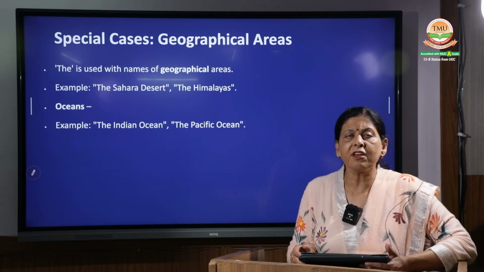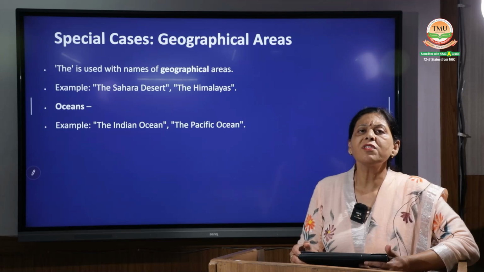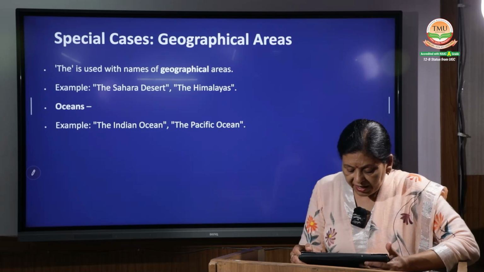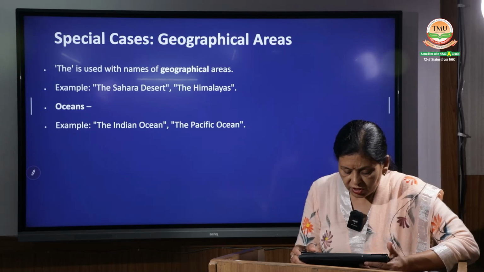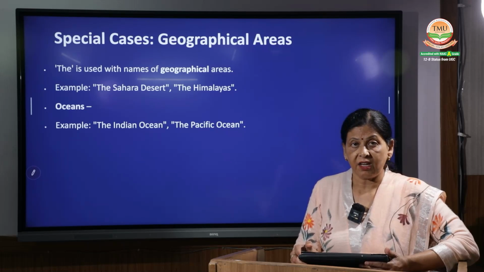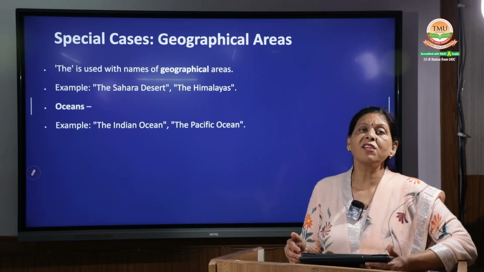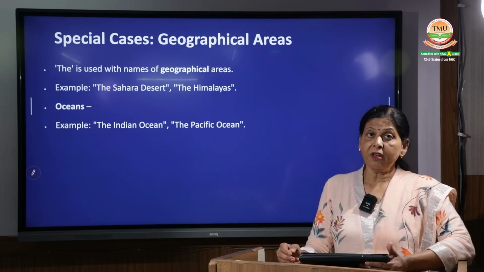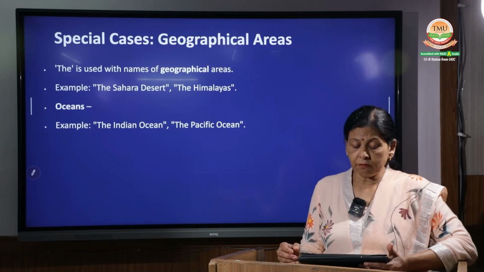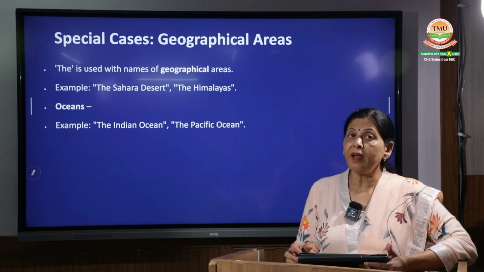So in front of the physical features, we use the. Then the Indian Ocean. In front of oceans also. The Indian Ocean. The Sahara Desert. So the physical features as well as the names of the oceans. Then the Indian Ocean, the Pacific Ocean. In front of these we use the word the.